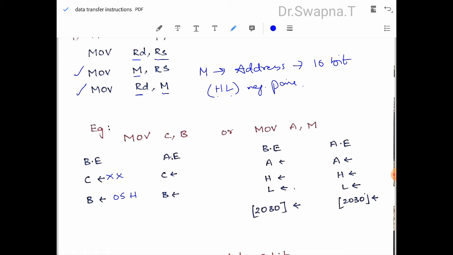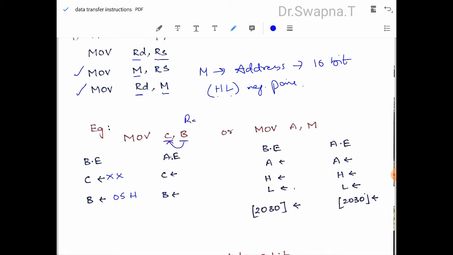Let's see a few examples. The first one is MOV C, B. Before execution, let C be some XX, since we are not bothered about the value in the C register, and B be 05H. After the instruction is executed, the content of the B register is copied into the C register.